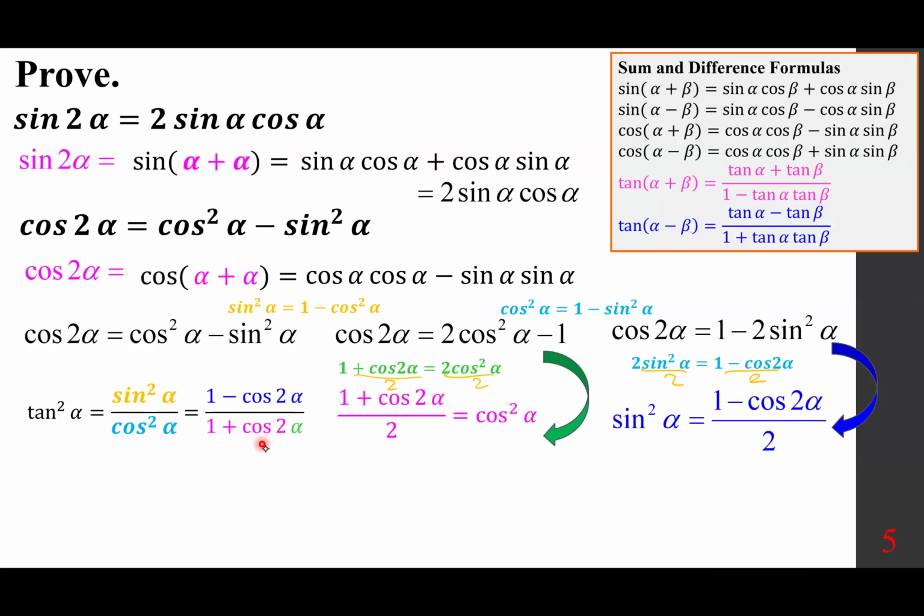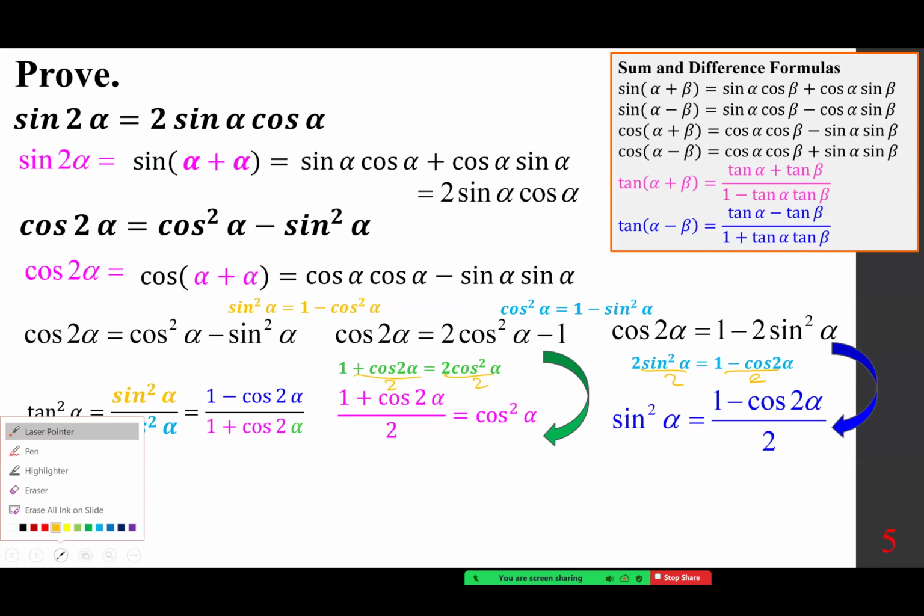Now, let's cut them in half as follows. If I cut this in half, you can let 2 alpha be theta for the sake of argument, just so you see how that works.